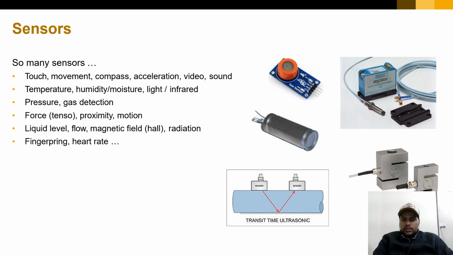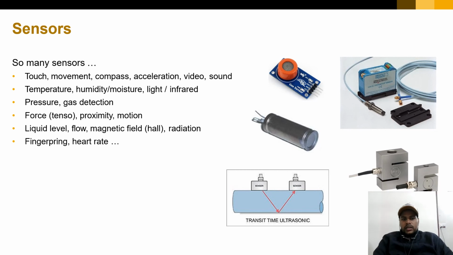Like light, how much light is falling on them. They can detect pressure, gas, and how much force is applied on any product or device. They can also detect proximity, how close objects are.